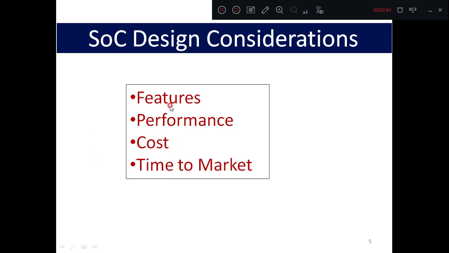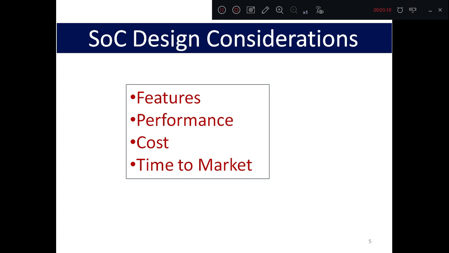Next is the performance. The performance is basically the power dissipation as well as the speed of operation, or the frequency of operation. Always the frequency or the speed of the circuit has to be high and the power dissipation has to be low. There are various types of power dissipation: dynamic power dissipation, short circuit power dissipation, or static power dissipation.